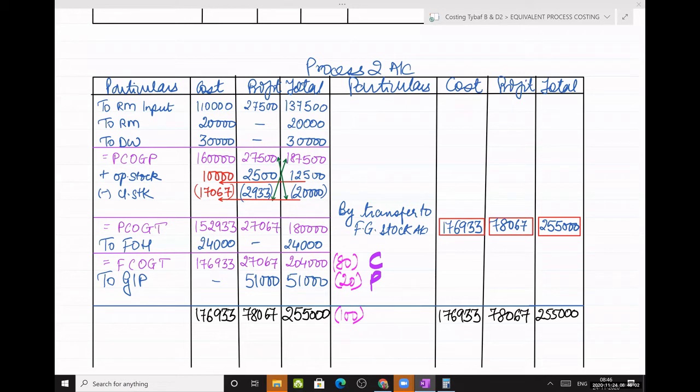This is the balancing figure which you will get, and that's it. Very, very important. The whole sum is the same. There is no tedious calculation. Whatever calculations are there pertain to the opening.